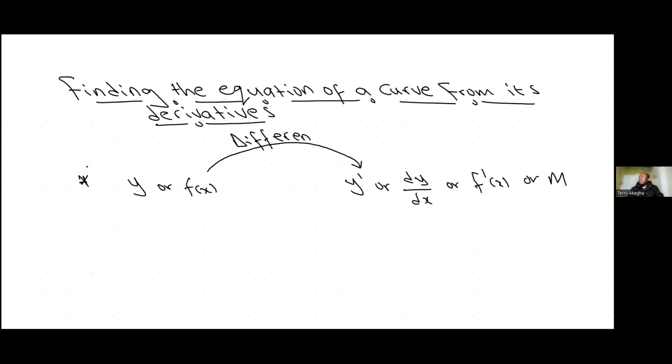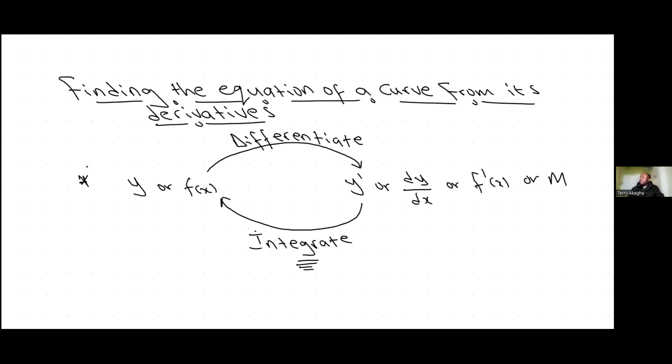You differentiate. Then, if you're moving from the derivative back to the original equation, what do you do? You integrate. So this is the part we're interested in. How do we integrate? You have the derivative and you need to get the original equation for that.